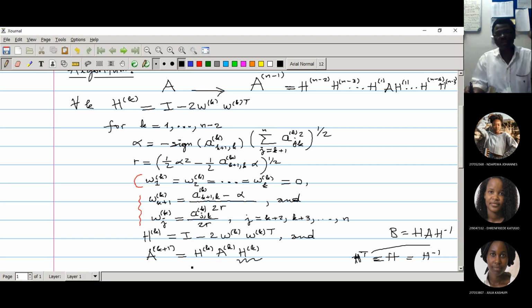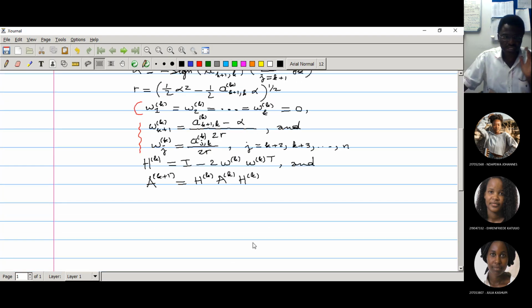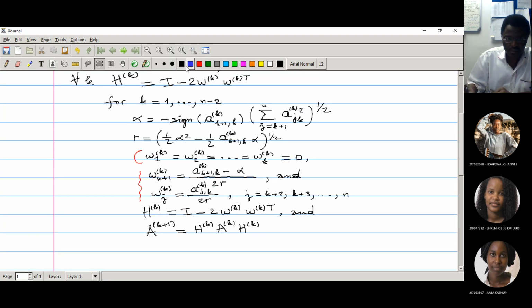So that's why the eigenvalues that we obtain will be equal to the eigenvalues of the original because they are all similar, right? You should bear that in mind. You should not lose that focus. We are constructing similar matrices, knowing that if matrices are similar, they have the same eigenvalues. Good. So this is the algorithm, and we can end our algorithm at this level. So we end it here.